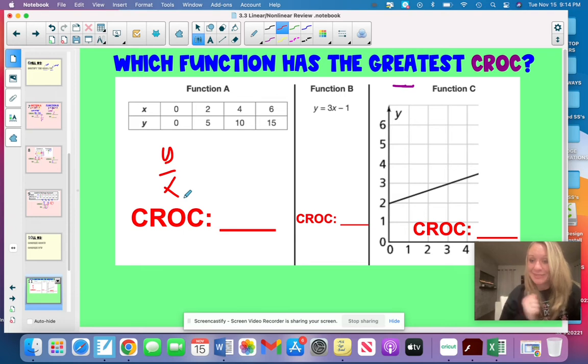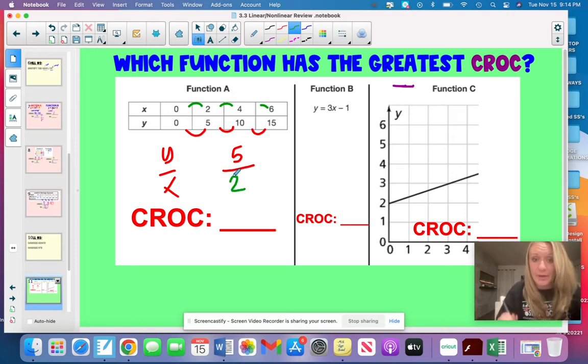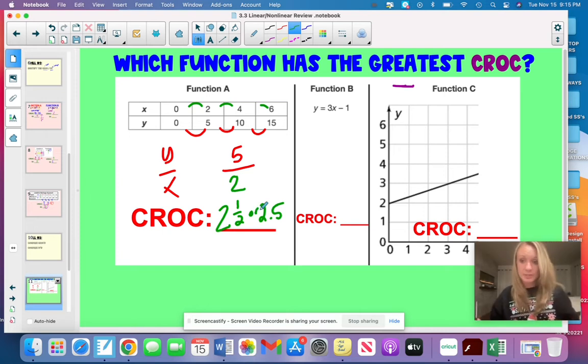I know you're getting so annoyed by me doing it, but I want you to remember y over x. So my y's are going up by 5 over x's, which are going up by 2's. Okay, well, 5 over 2, that is the same as 2.5. So your constant rate of change for the table is 2.5.